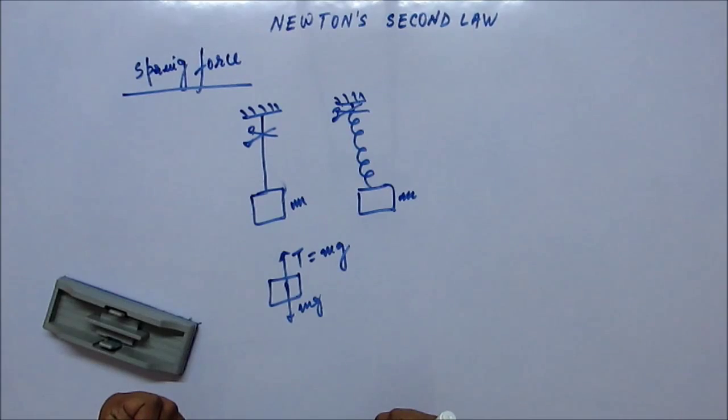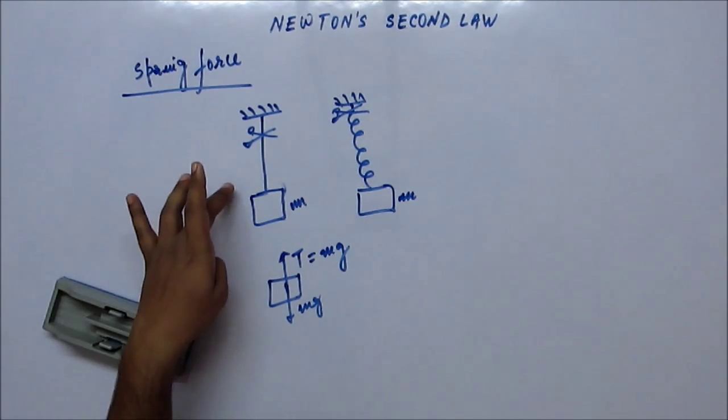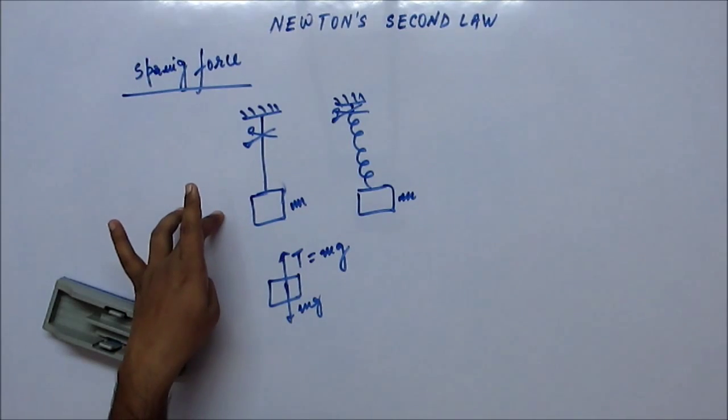So for the tension to become zero, it won't take any time, because it won't take any time for the molecules to come closer to restore the initial position. The molecules will not have to travel any distance because they have not gone any considerable distance apart from each other. In the ideal case, we are assuming that the string is completely non-stretchable.